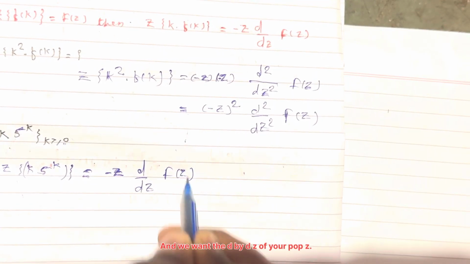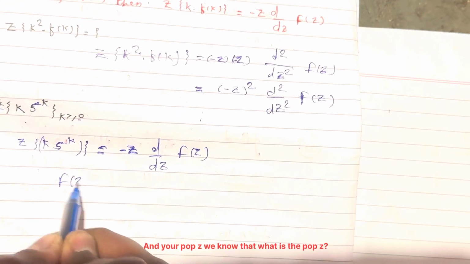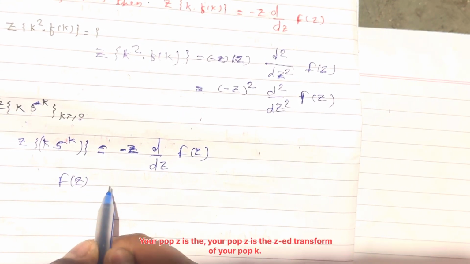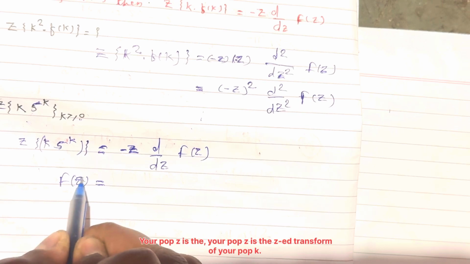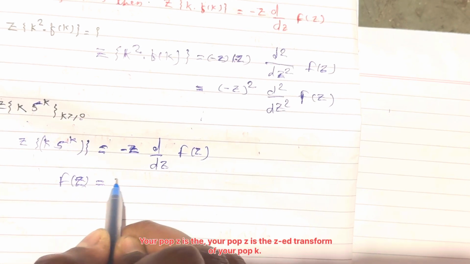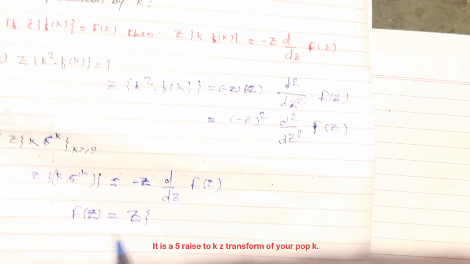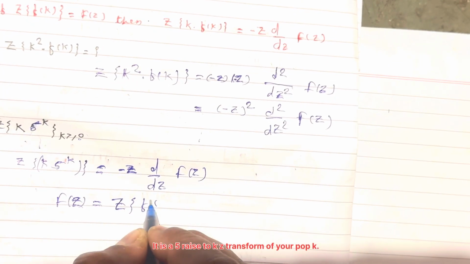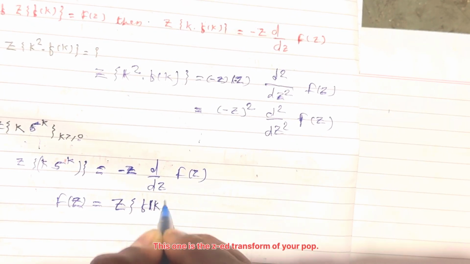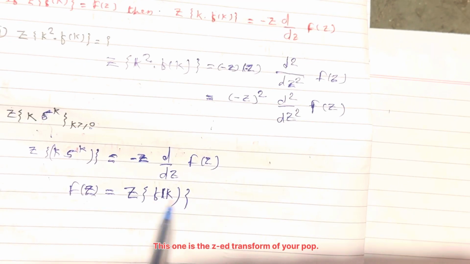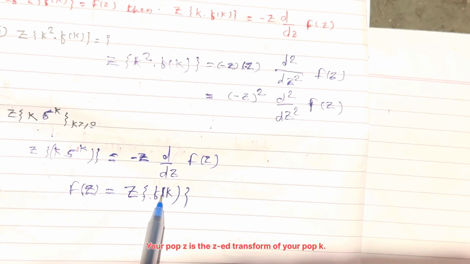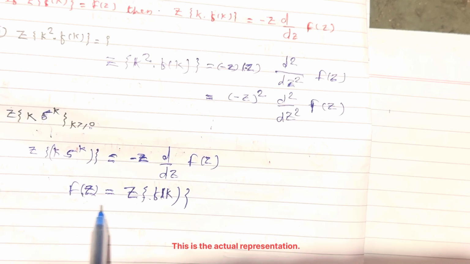And f of z, we know, is the z transform of f of k, where f of k is 5 raised to k. This is the actual representation.